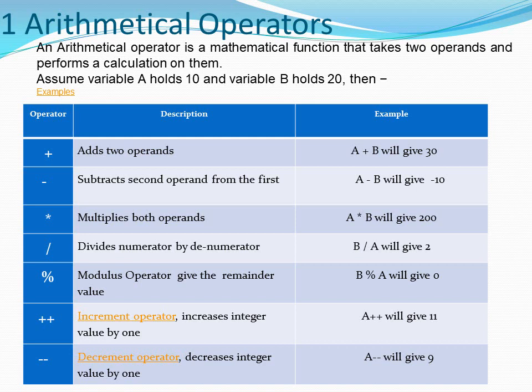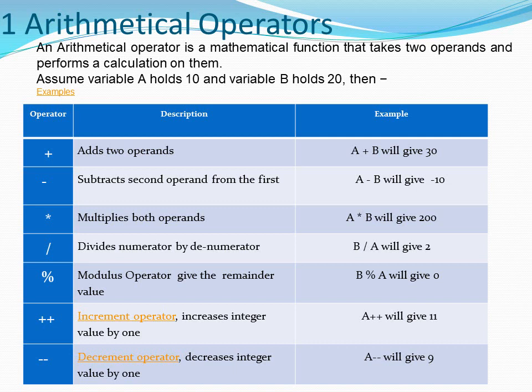You can see the operators in the first column. The plus operator adds two operands. Assume variable a holds value 10 and the variable b holds value 20, then a plus b will give 30. Then the subtract operator subtracts the second operand from the first.